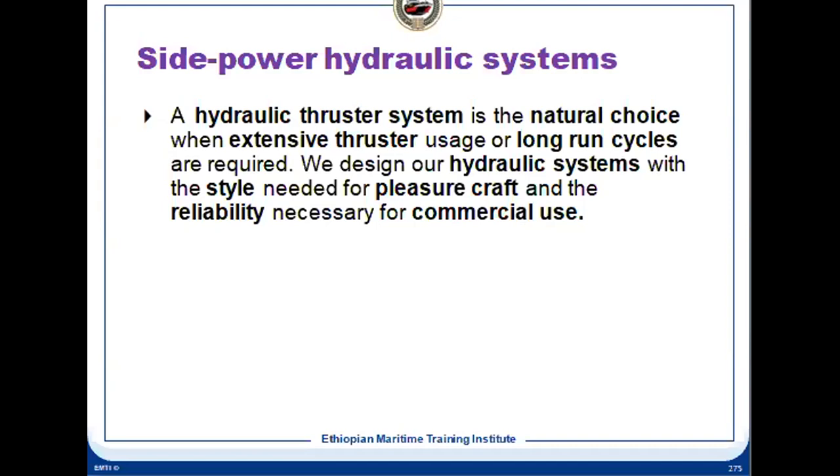And the ships where maneuverability requirement is very high, efficient maneuverability is required, there we go for this thruster. Like you have seen, many container vessels have got the thruster, because they go very deep inside the river, or inside the cities and all, where there is a port, because the draft is less for the container vessel.